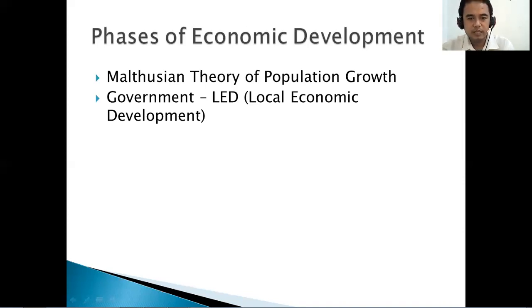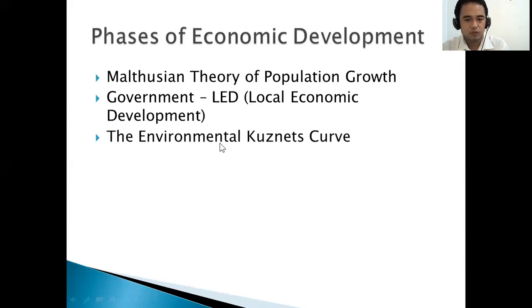The other type of economic development is the environmental Kuznets curve. It is used to graph the idea that as an economy develops, market forces begin to increase and economic inequality decreases.